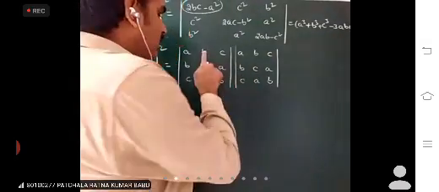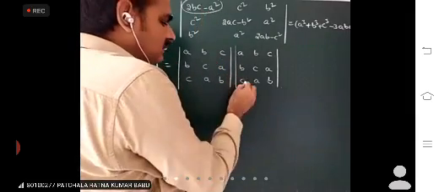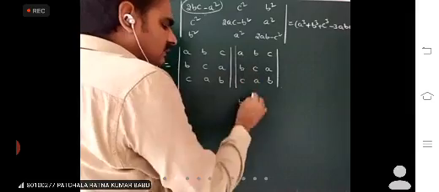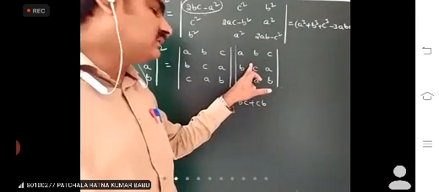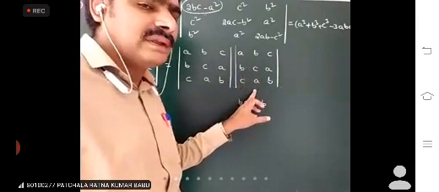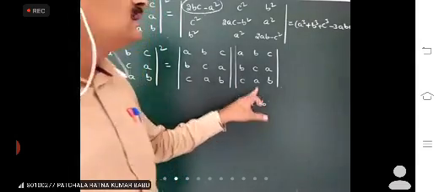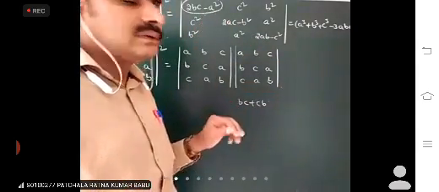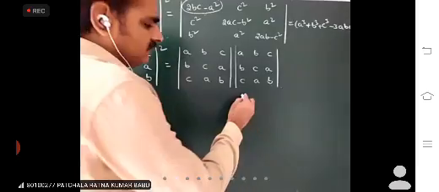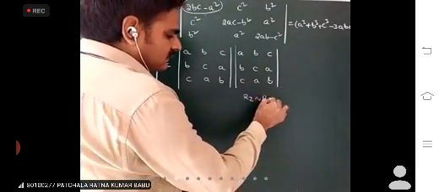Here we observe that to get this element, B into C, BC, C into B, BC, the elements in the third row must lie in the second row, and the elements in the second row must lie in the third row. Then only we can get this determinant. So R2 interchanges to R3.